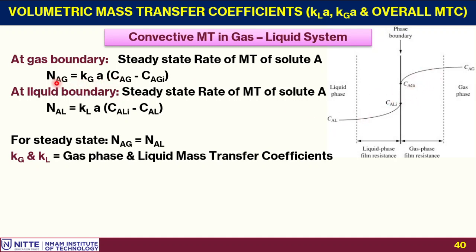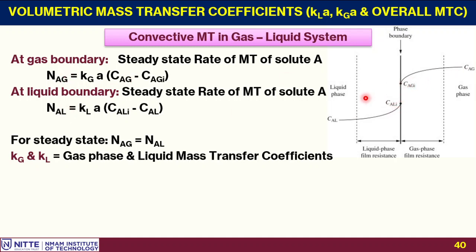The mass transfer rate, NAG, for molecule A in the gas phase will be given by the convective mass transfer equation: Kg, the mass transfer coefficient in the gas phase, times the interfacial area, the surface area of the interface through which the mass transfer is taking place, multiplied by the concentration difference, higher concentration minus lower concentration, up to the interface.